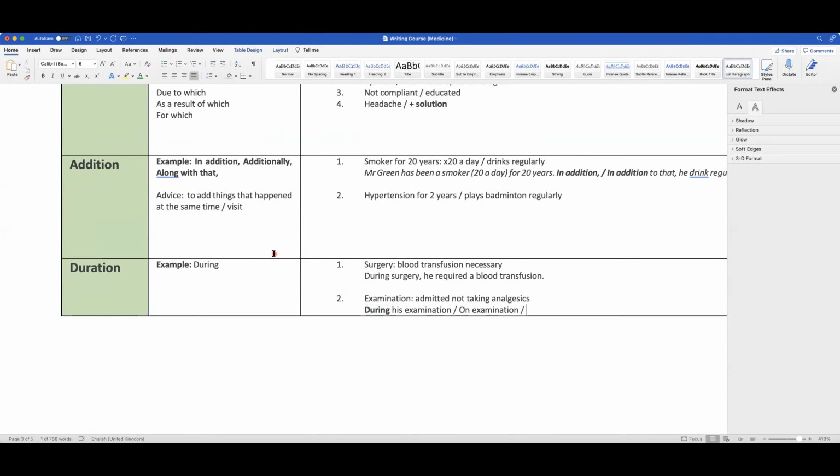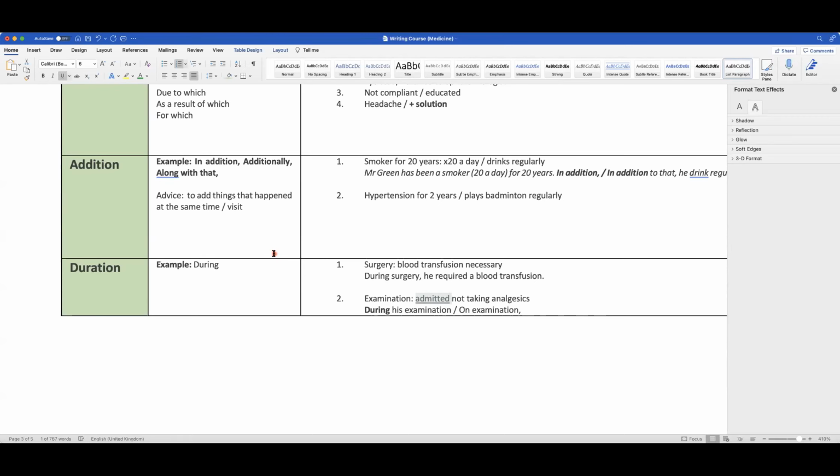He was admitted not to take analgesic. So we'd say he was admitted... but it doesn't make sense. You guys are getting confused because it doesn't mean admitted like going inside the hospital. What else does this word mean?